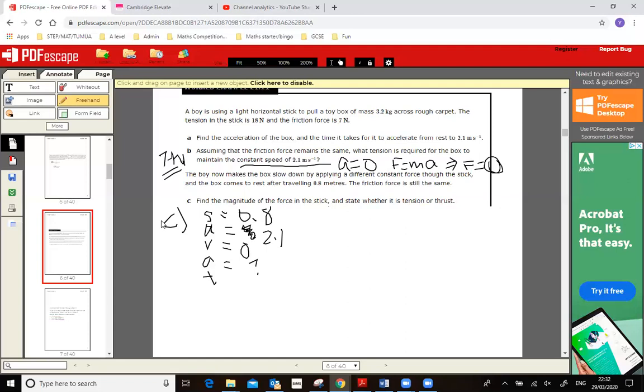And do I know T? No. So let's cross this out. So when you think about the SUVAT equation, it does not involve T. That means the one I have to use will have to be V squared equals U squared plus 2AS.